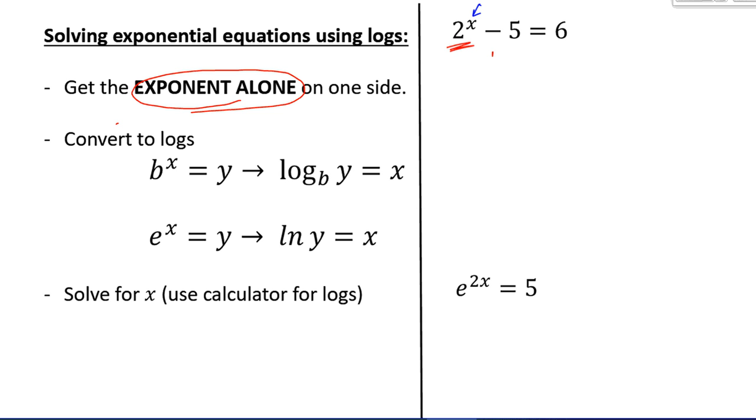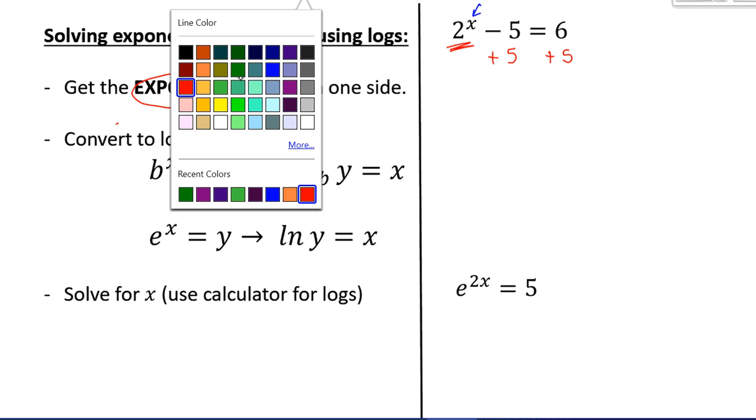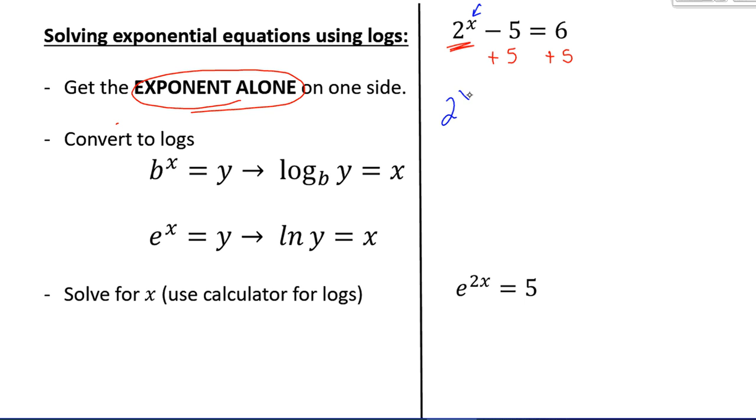Solving just like regular things, add the 5, then you end up with 2 to the x equals 11. Now, here's where logs come into play. If I convert this to logs, write the word log, here's my base, goes underneath, these two swap places. 11 goes inside the log, x comes out of the log.